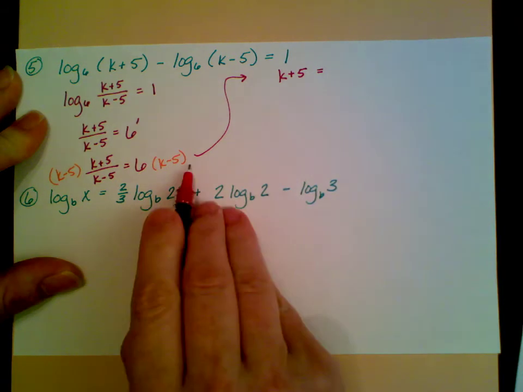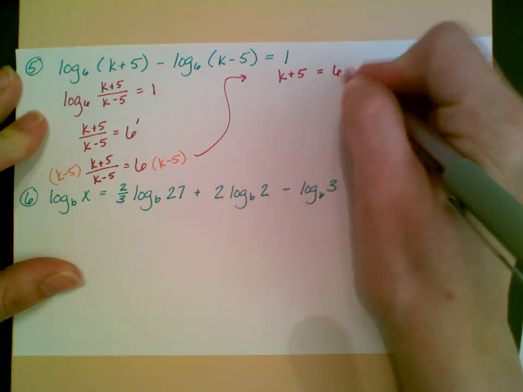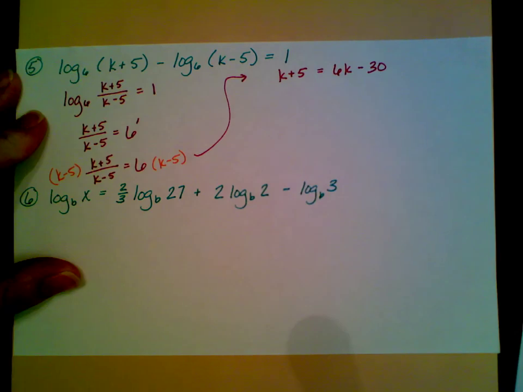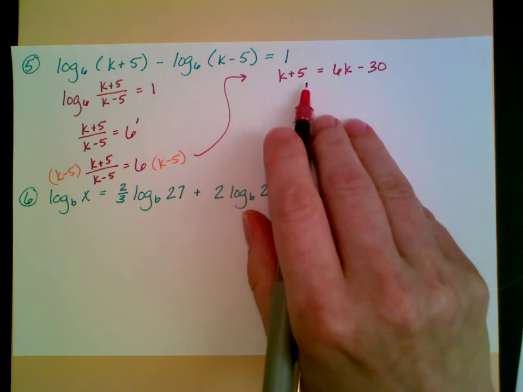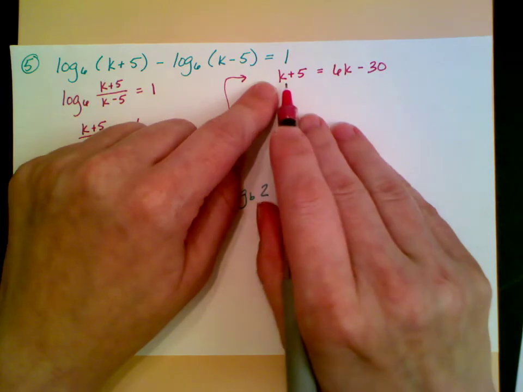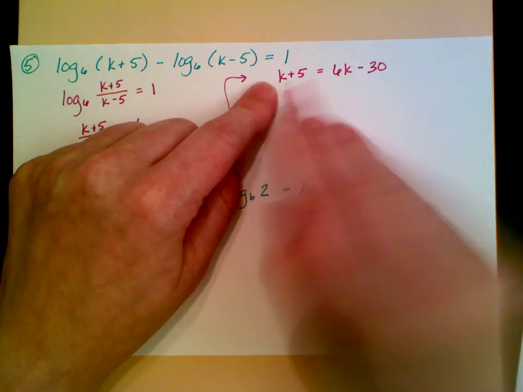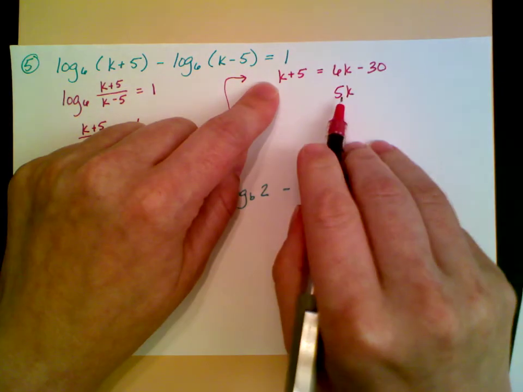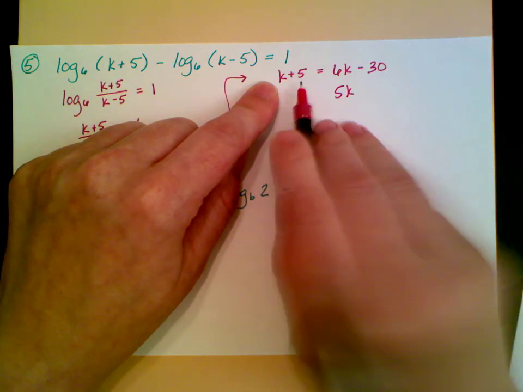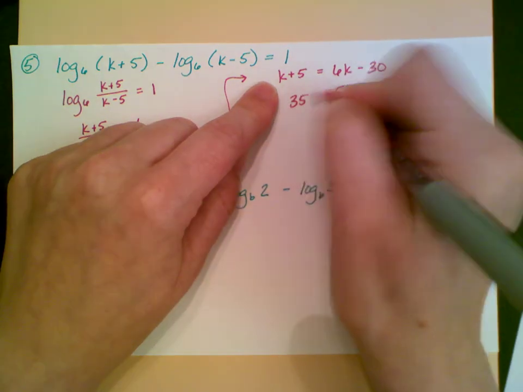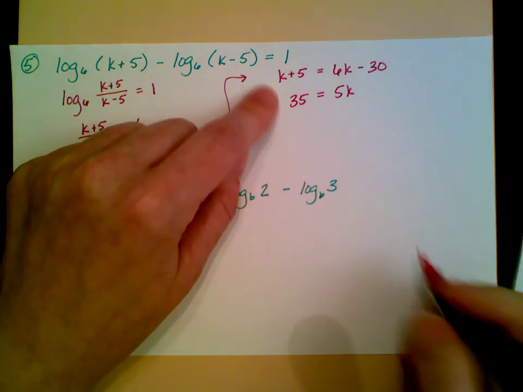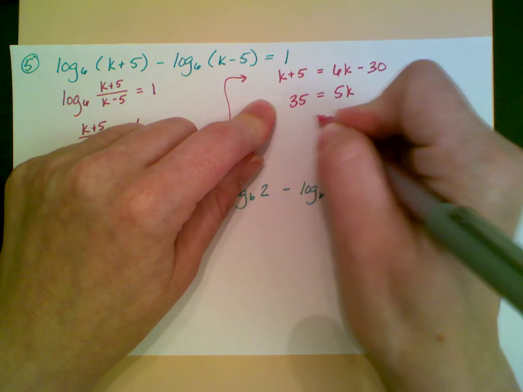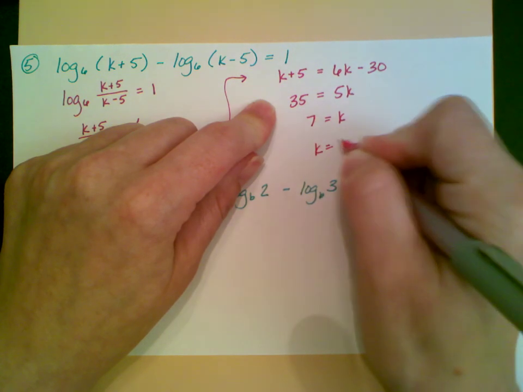On this side I can distribute my 6 and get 6k minus 30. So now I can subtract k from both sides. That way I'll get 5k over here. I can also add 30 to both sides. I'll have 35 over here. Now divide both sides by 5. And so I get k equals 7.